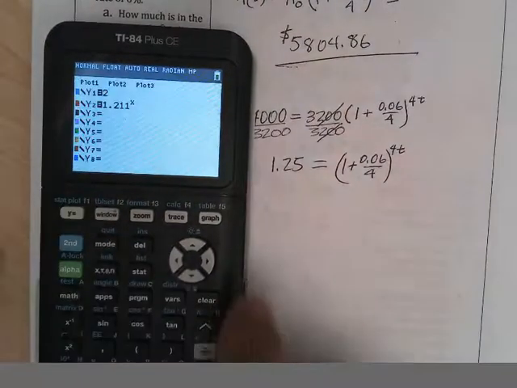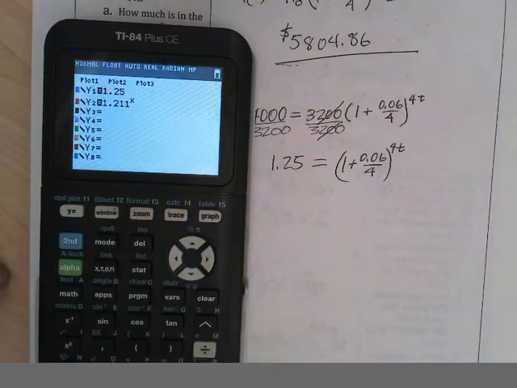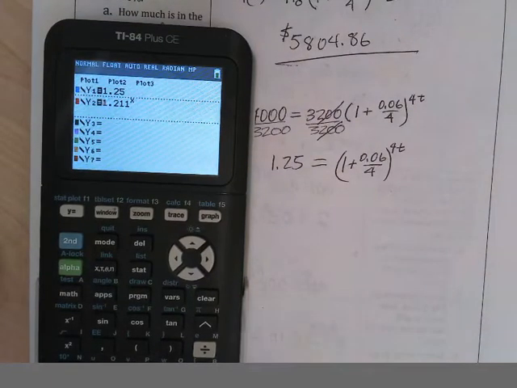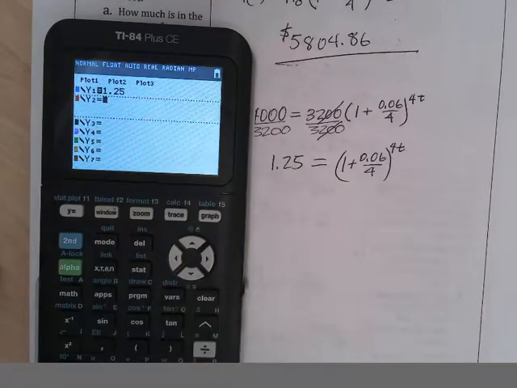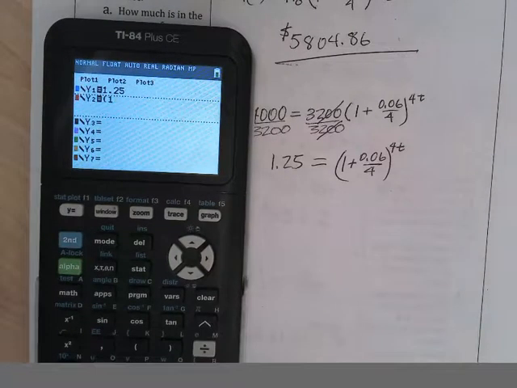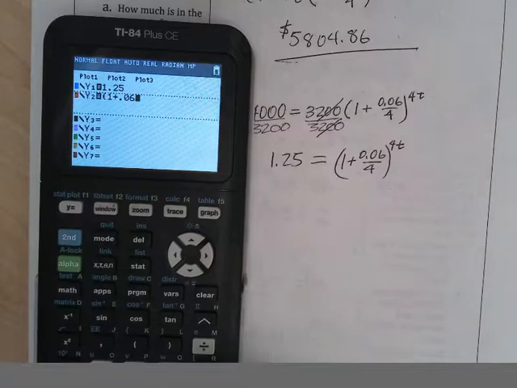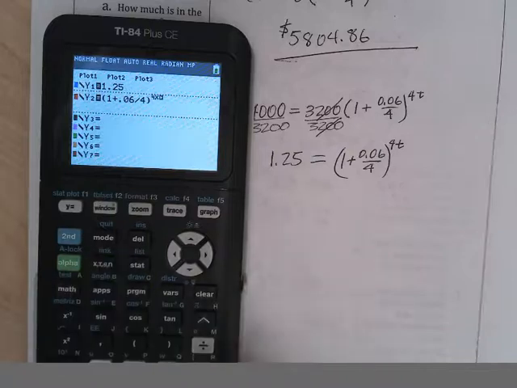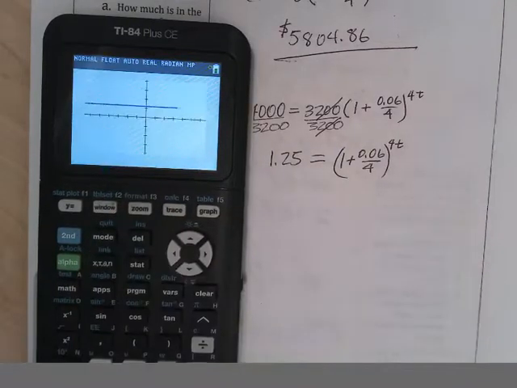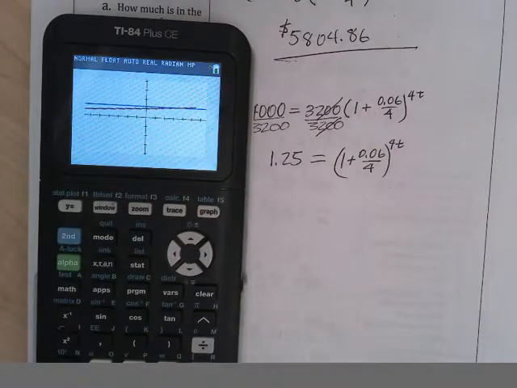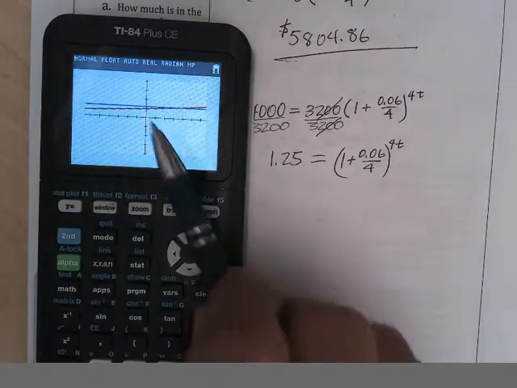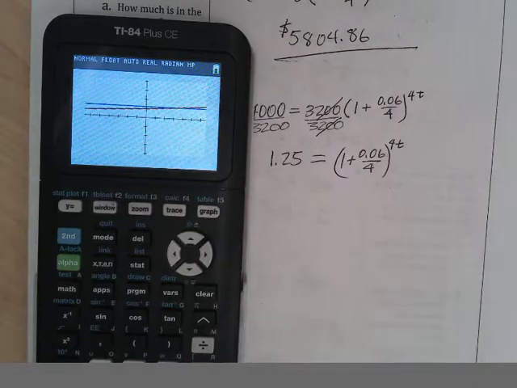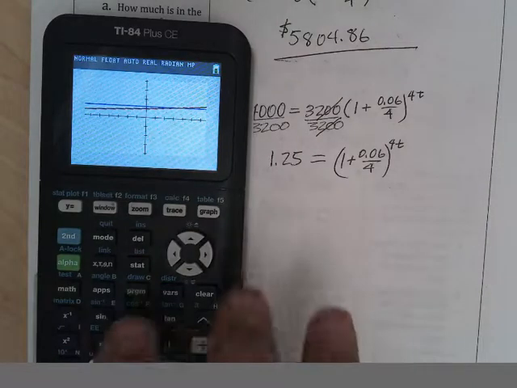I'm going to go to y equals and type in 1.25, and then clear this and type parenthesis 1 plus 0.06 divided by 4, close parenthesis, to the 4x. And I'm going to go zoom 4. There's one, and there's the other, and they cross right about 1, 2, 3, about 4 years, a little less than 4 years. Let's see what it is.